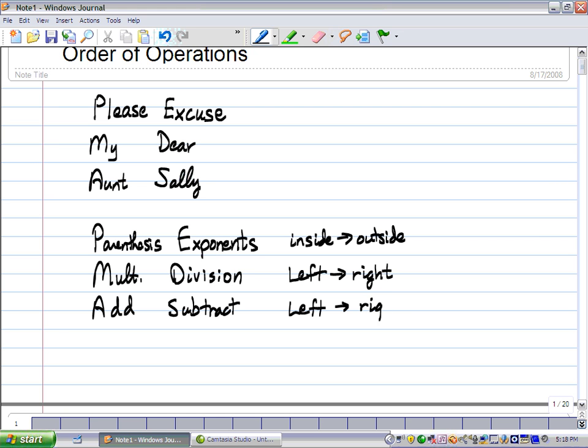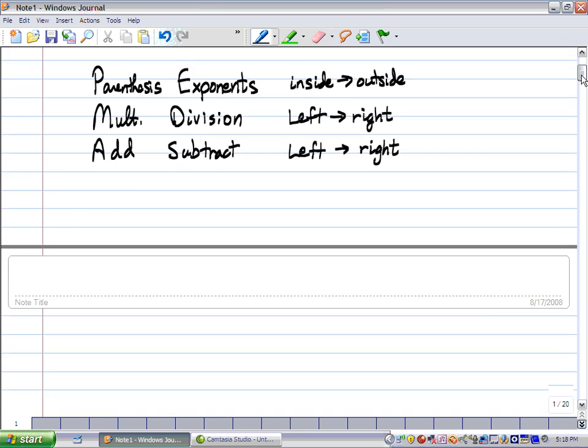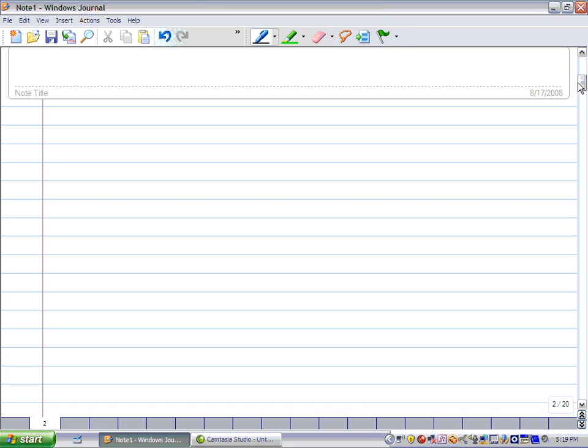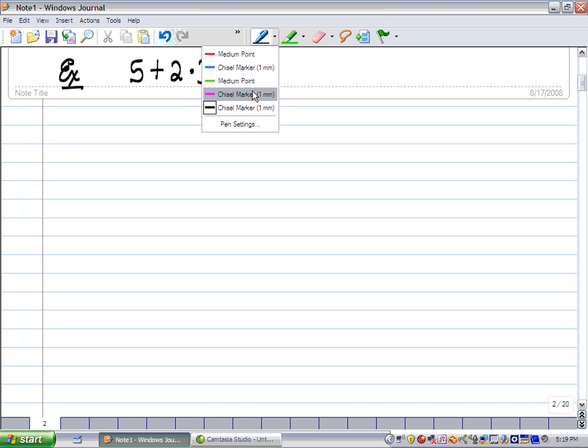So we want to look at some examples of these. Okay, let's start with a relatively straightforward one. 5 plus 2 times 3. Now as I write each step, I'm going to copy the parts that I don't work on so that at every point of working this out, I will have a statement that is correct.